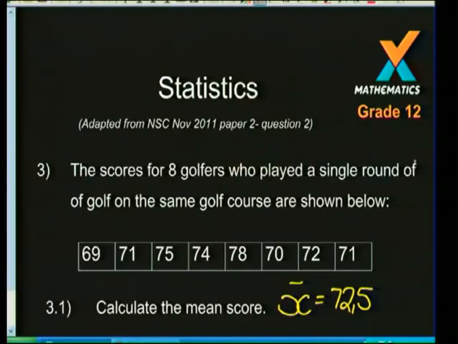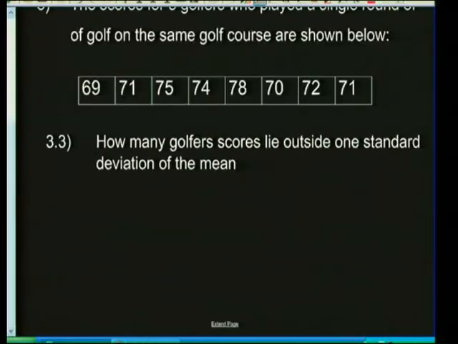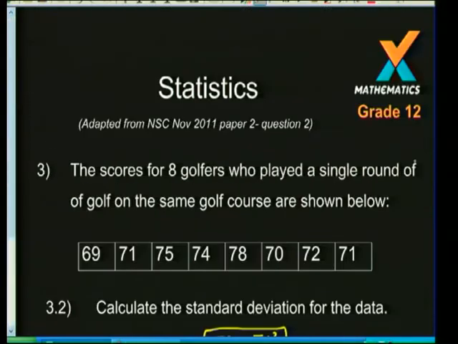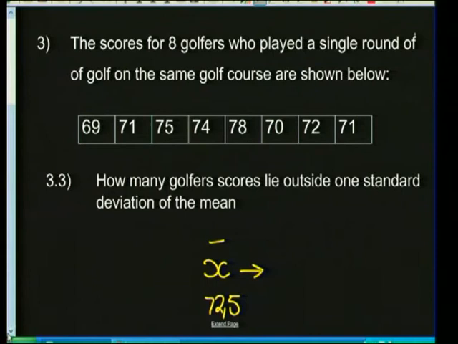So let's just think about this for a second. The mean, your average, was 72.5. Okay, so if that's your mean of 72.5, 1 standard deviation up from your mean would be, can't remember the standard deviation, 2.78. We're going to add 2.78 onto that.